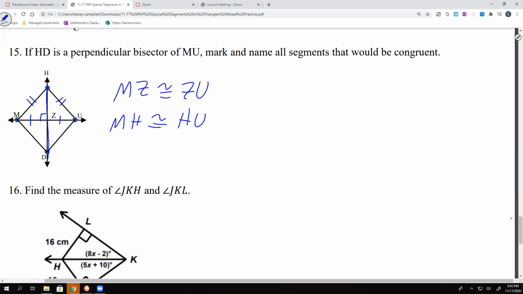We do know that MD and DU would be congruent, but we're not sure if HZ would be congruent to ZD. So MD and DU would have to be a different length, possibly, unless we get more information there. But DM would be congruent to DU. Okay.